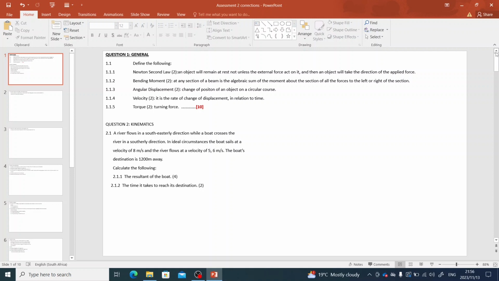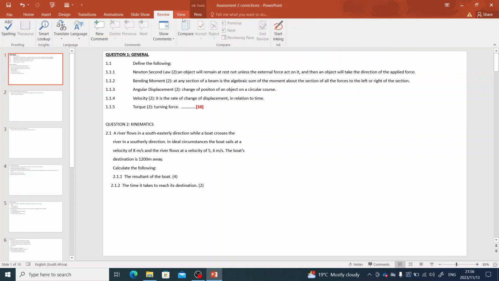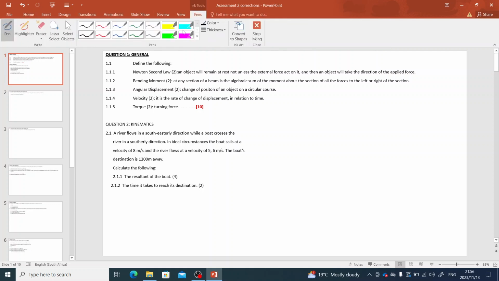Now let's look at the given statement. We are given a river flows in a southeasterly direction. Like I've said to you, easterly simply means the direction from east to west.